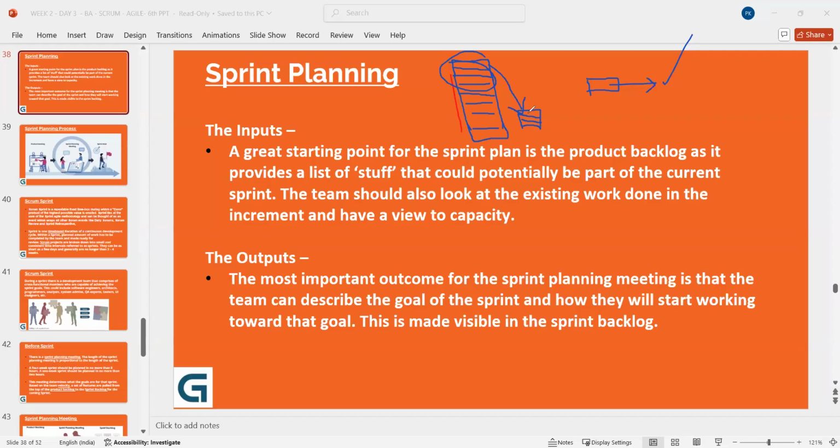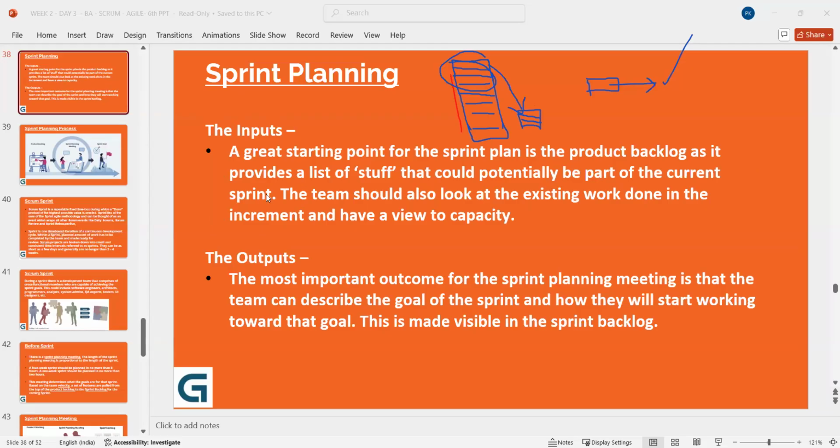Perfect. So what it says is that in sprint planning, we point out the stuff, that means the requirements or the workable, actionable items from the product backlog. And this is a very beautiful choice of words, guys. Okay, what it says is that it will potentially be part of the current sprint.